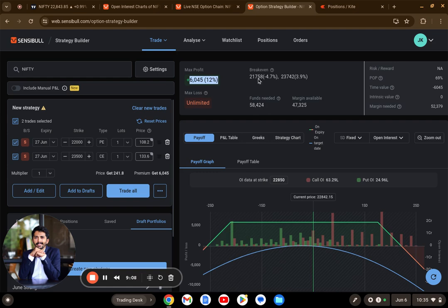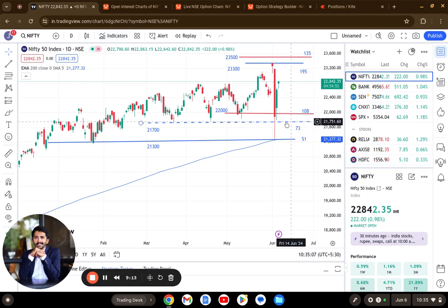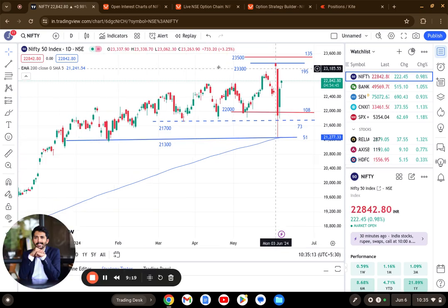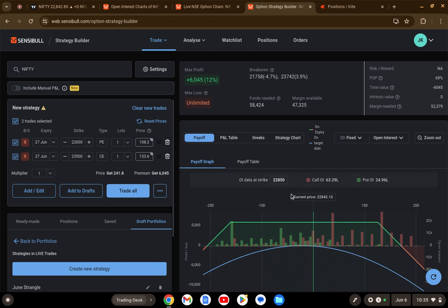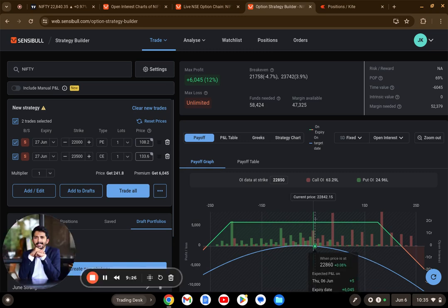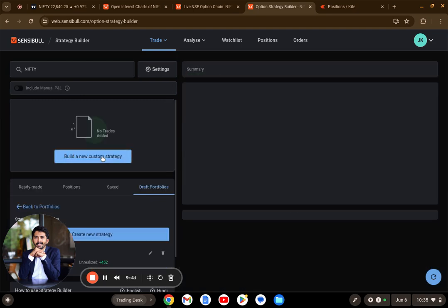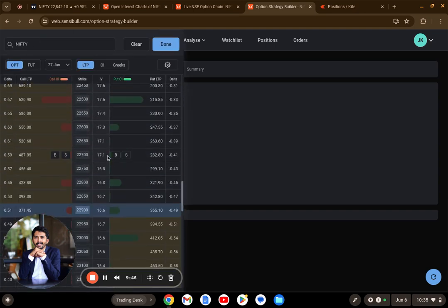That is 21,700, which was basically our point over here. This is 21,700, and on top we have 23,742. That's slightly above this 23,500. But since it is a monthly trade, it would be more wise to take it a little more away. So instead of 22,000, let's go a bit deeper.